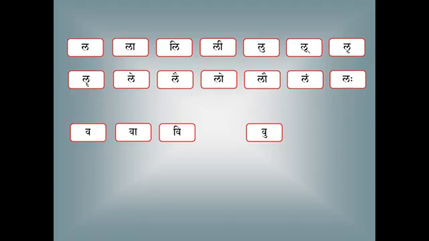Vakara sound and ukara sound, both. Vakara is dental plus labial and ukara also labial. So the sum total will be dental plus labial. Wu. Okay, sir.